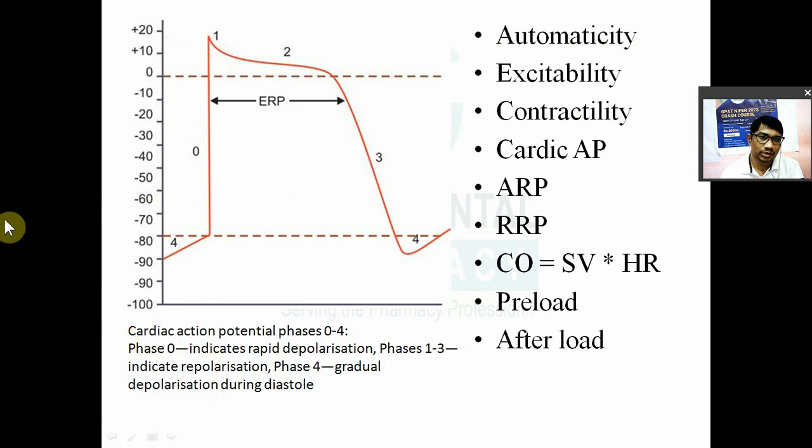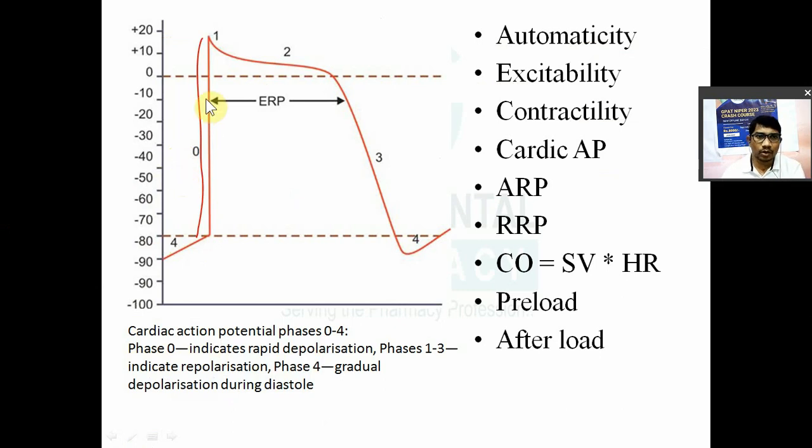What is an action potential? It is a rhythmic inward and outward movement of ions in the cell. Phase 0 is due to the entry of sodium ions, and is known as the initial or rapid depolarization.